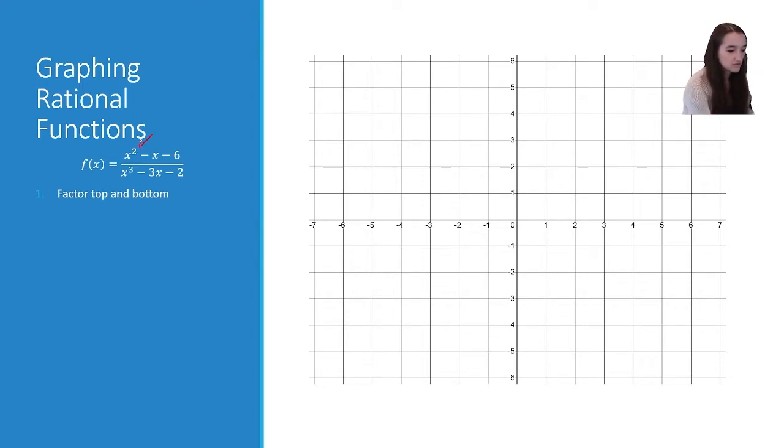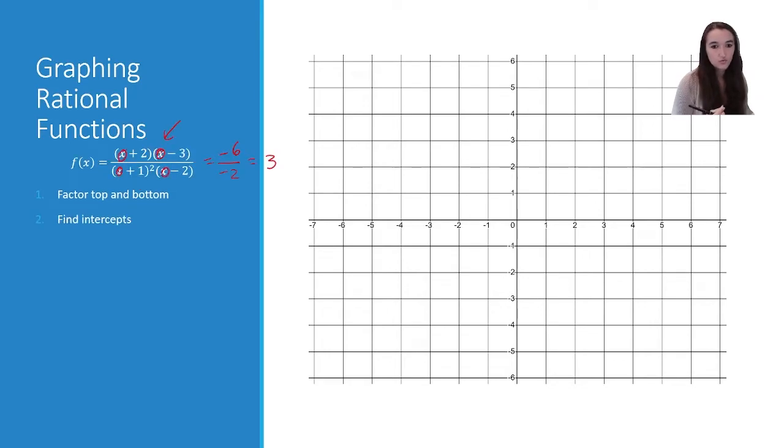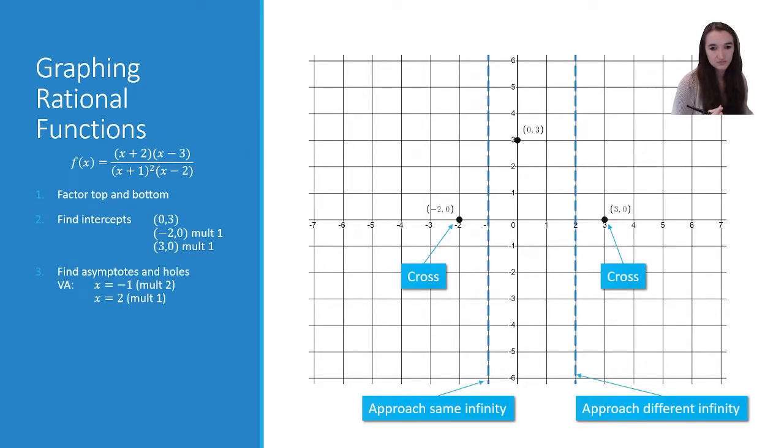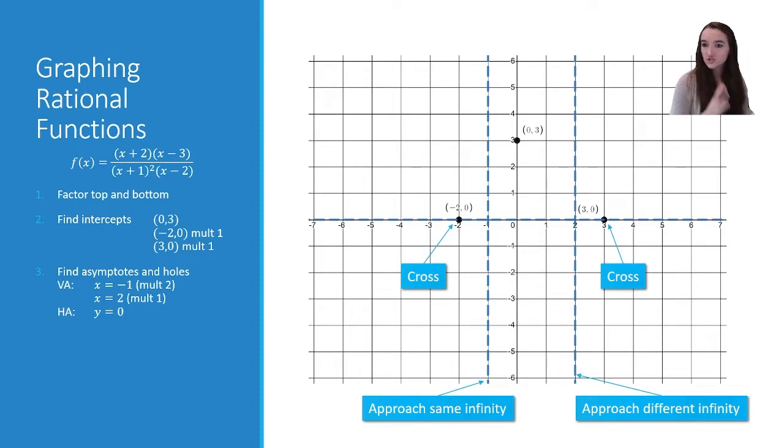So degree 2, degree 3. Denominator has higher degree. When the denominator has a higher degree, the horizontal asymptote is always at y equals 0. So we have a pretty easy horizontal asymptote here. Don't have to do any extra work. It's just y equals 0. And because we have a horizontal asymptote, there won't be a slant asymptote, so we can stop there.